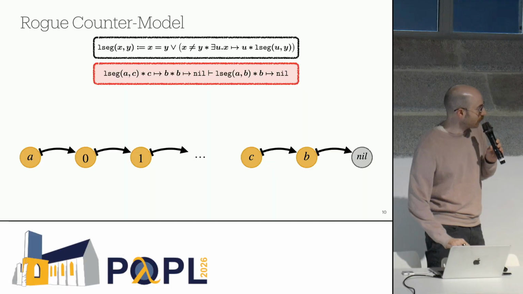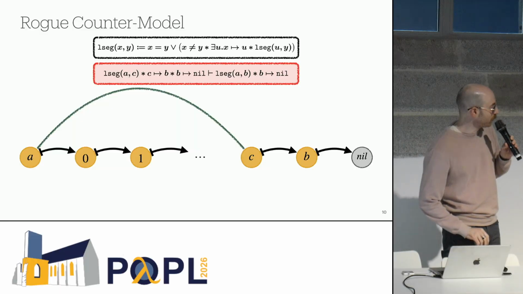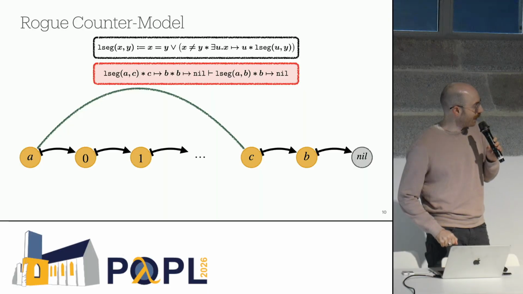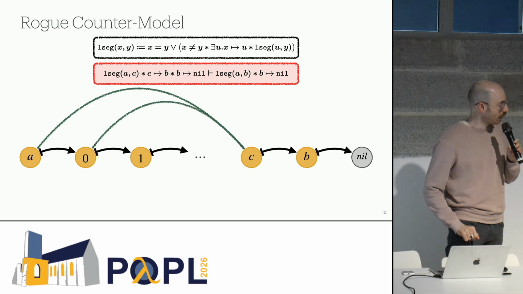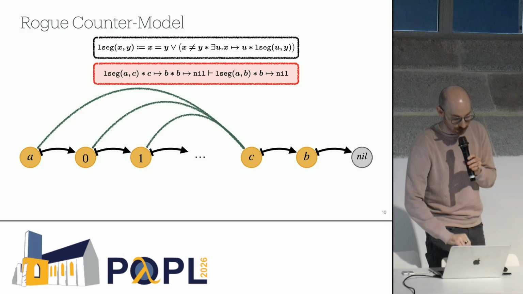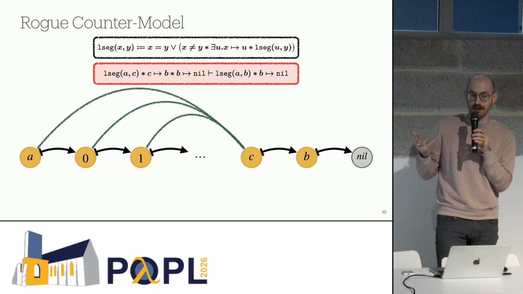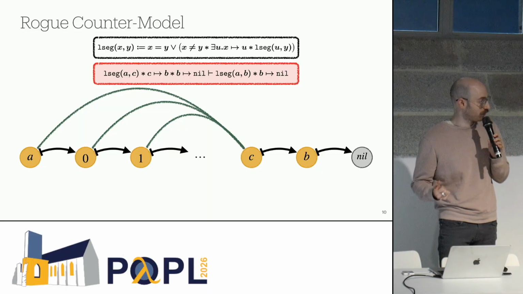And in this rogue counter model, we have this LSeg relation between A and C. So LSeg A C is true. And this is justified because LSeg 0 C is true. And that is justified because LSeg 1 C is true, and so on and so forth. You can see this is not a least fixed point interpretation, but it is a valid fixed point.